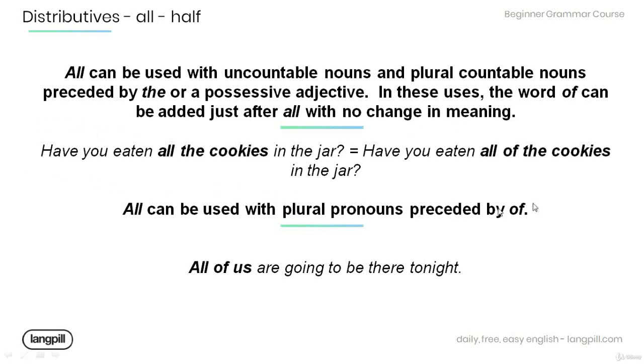Have a look at the sentence over here. Have you eaten all the cookies in the jar? Have you eaten all of the cookies in the jar? Both sentences have the same meaning. The only difference? In the second sentence, we add of, which does not change the meaning of the sentence.